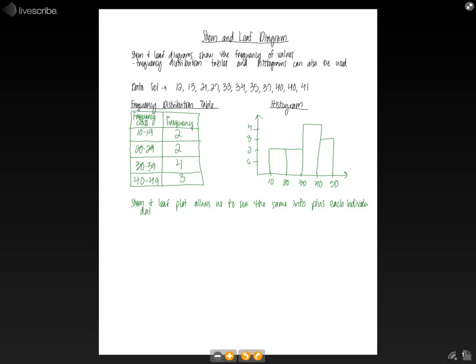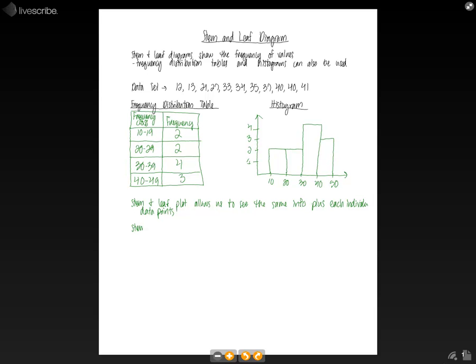If you look at the other ones, we can't tell that we have a 12 and a 13. We just know we have 2 numbers between 10 and 19. With the stem and leaf plot, we are still able to see each individual data point.